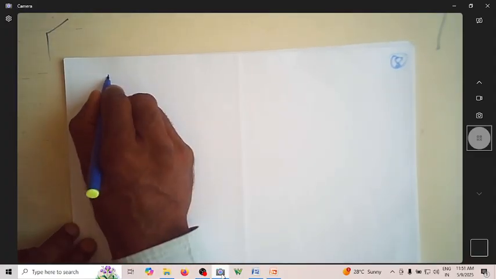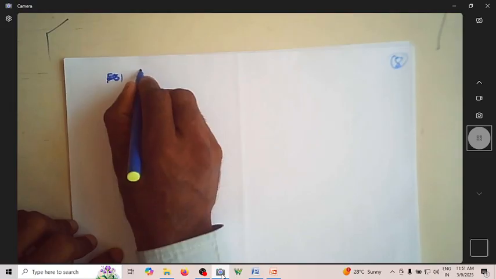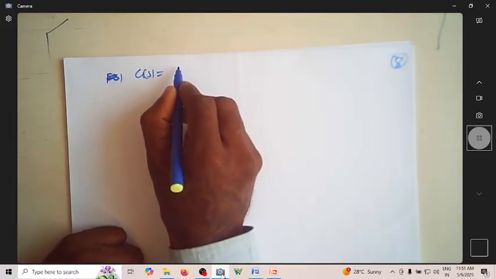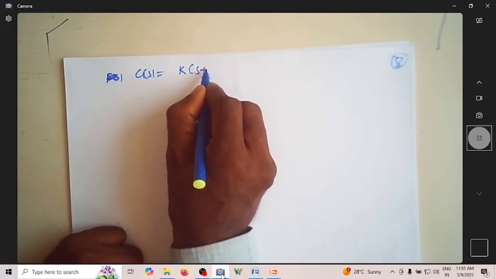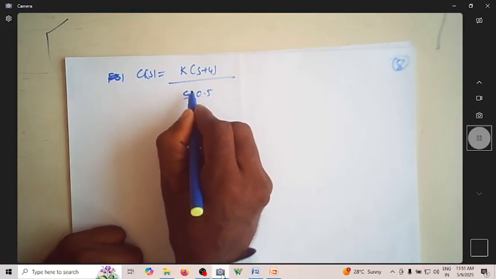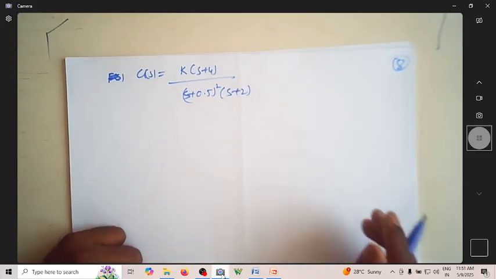Let me consider this. So you have G(s), which is nothing but k into (s plus 4) by (s plus 0.5) whole square into (s plus 2).